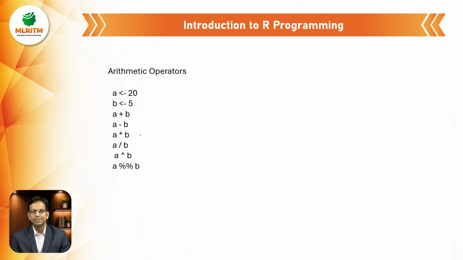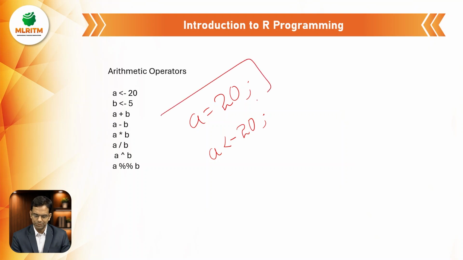Here I have given some examples for arithmetic operators, like A is equal to B. Why I have chosen this: usually we write A is equal to 20, or A assignment 20, the assignment operator, or from the mathematics point of view, we say it is equal to. But when you come to data science, when you are in R programming, we have to write it differently. Now we have a difference between the first one and the second one.